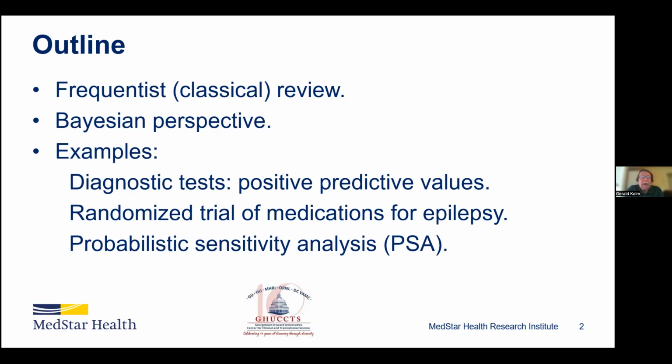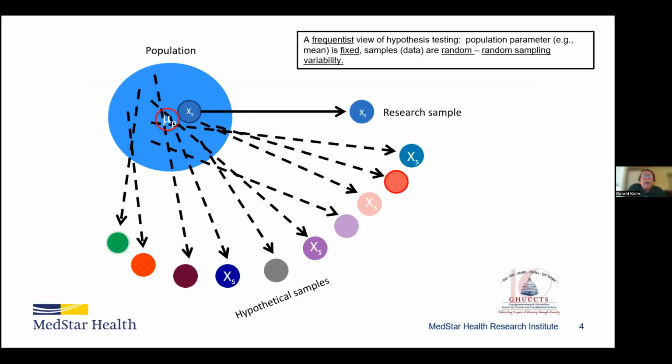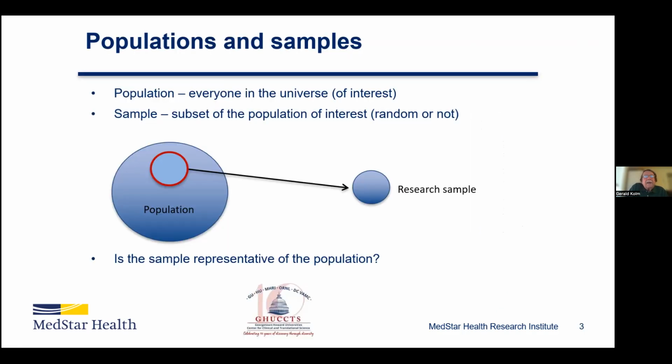So as you will recall from yesterday, when we talked about statistics and doing research, we said that the basic idea was that we have a population that we're interested in, and then to do research, we draw a sample, which may or may not be random, from that population.